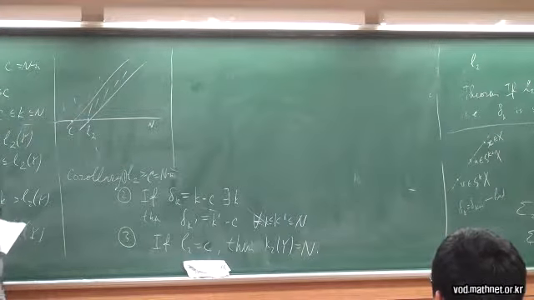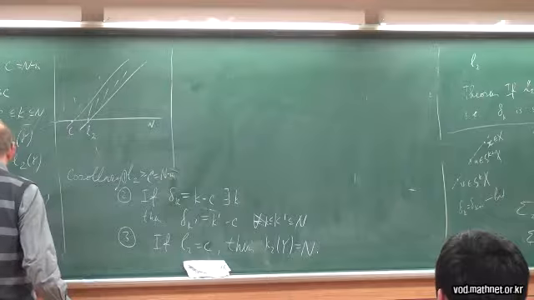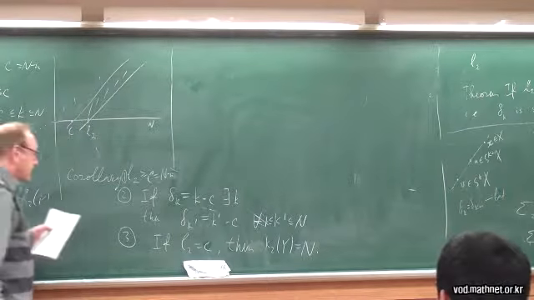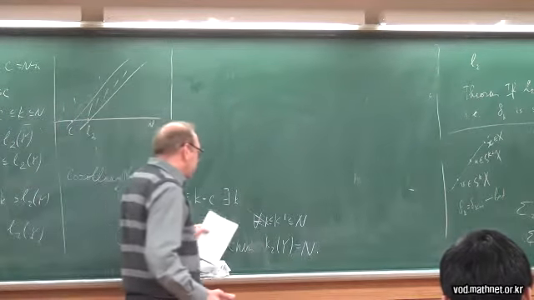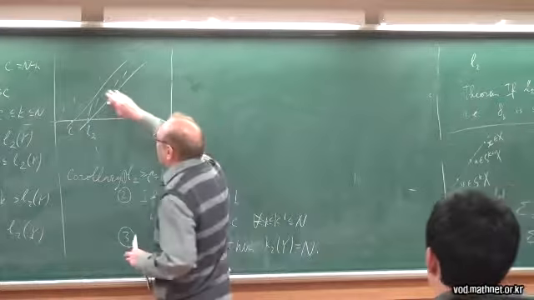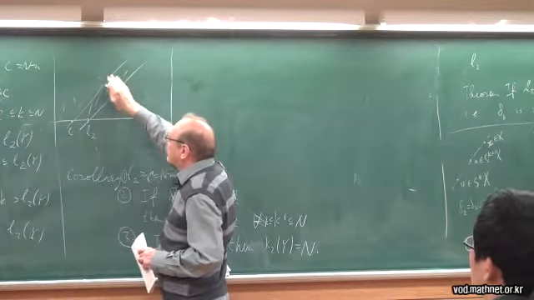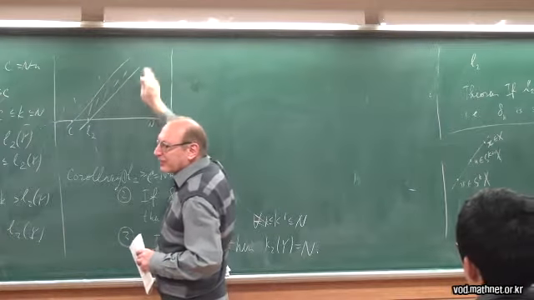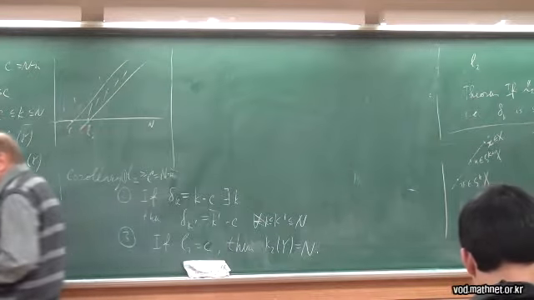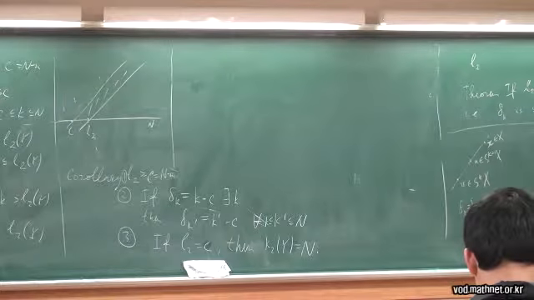All these are immediate corollaries of this, because as soon as you get here, you should stay in this stripe, and as soon as you get to the upper bound, you cannot move below. And so that's all for today.